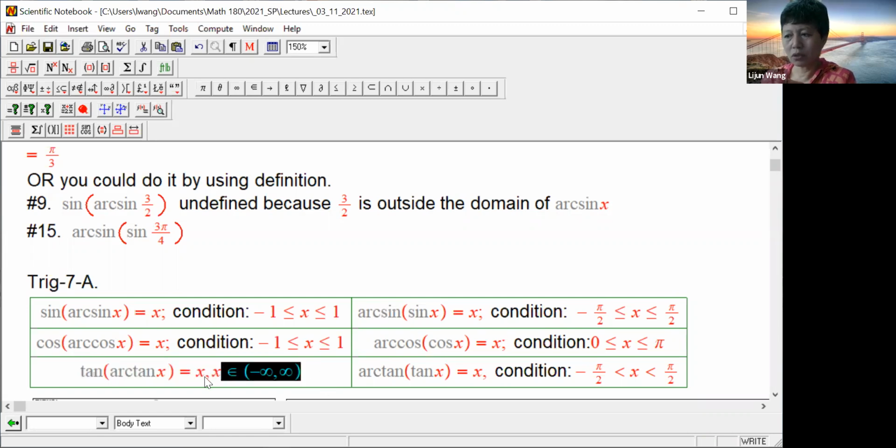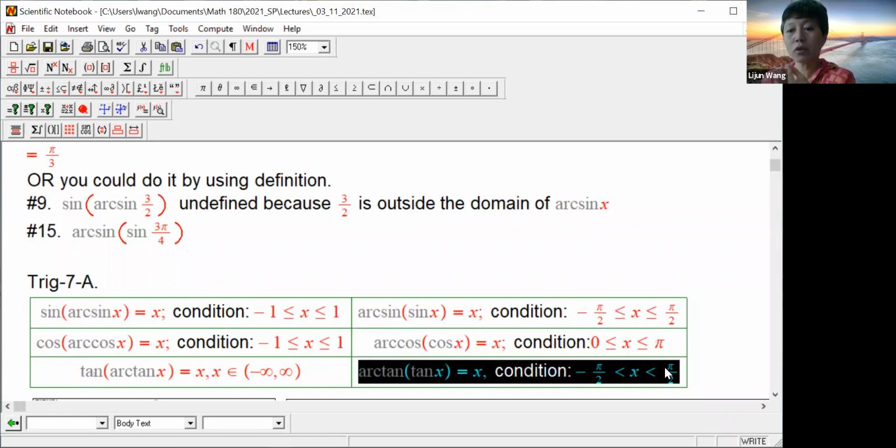This one is unconditional, because x can be any real number. All other 5 are conditional. If you use them, you need to know that they are conditional. If the conditions are not satisfied, you are going to be making a mistake.